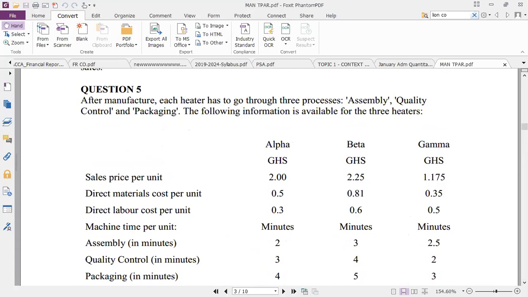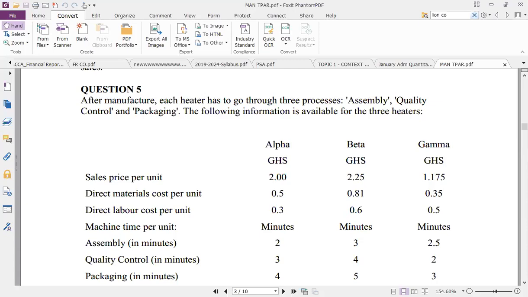The following information is available for the 3 heaters: alpha, beta, gamma. Sales price is per unit. Direct material cost. And here in exams, you may be given the breakdown of direct material, so take note of that too. Labor cost per unit is also there.